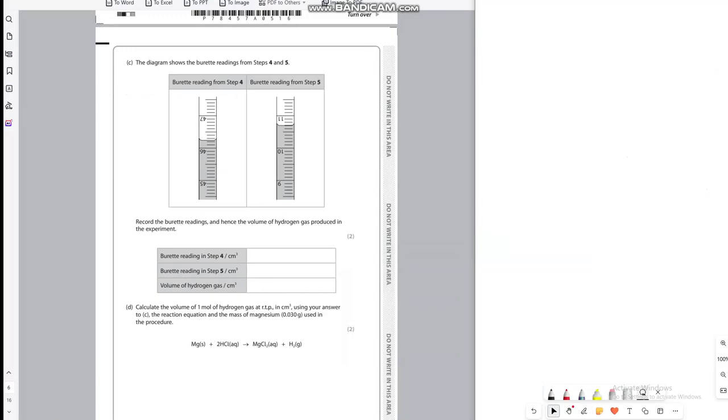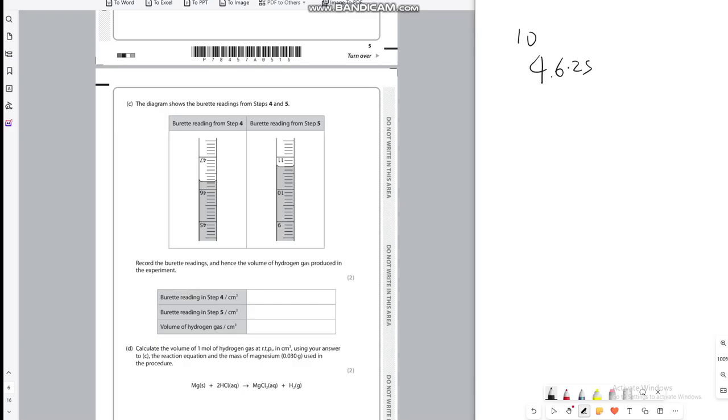All right, so we'll get the reading. Now I can see 45, 46, 46.1, 46.2, a number between 46.2 and 46.3. So the initial reading on the burette would be 46.25, right? 46.25, and the next reading is 10.1, 2, 3, 4, 5, 6, 7, 10.7.